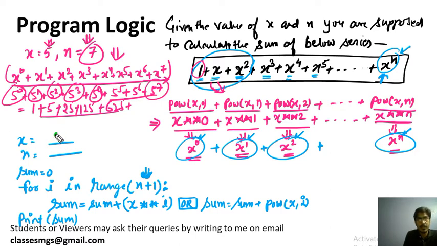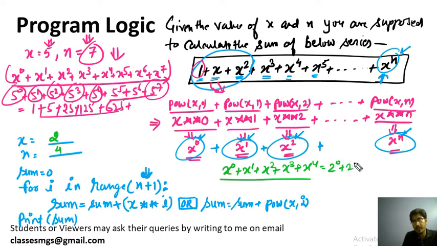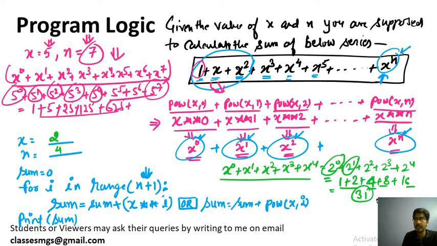Let me give 2 here, and let's suppose I am giving 4 here. Ideally, I want to calculate the value of x^0 plus x^1 plus x^2 plus x^3 plus x^4, where x is 2: 2^0, 2^1, 2^2, 2^3, 2^4. 2 raised to power 0 is 1, then 2, 4, 8, 16. Adding those values gives 1, 3, 7, 15, 31. So 31 should be the output.